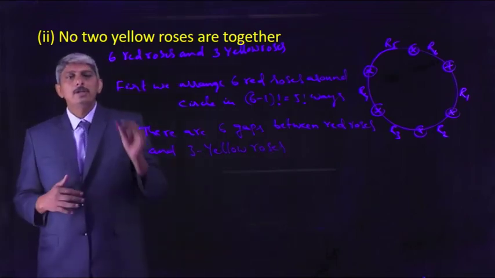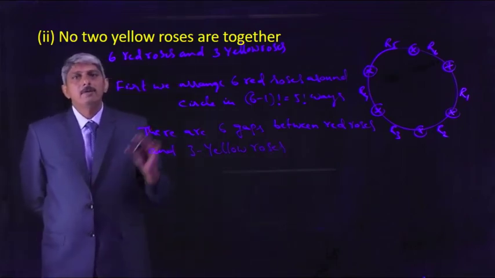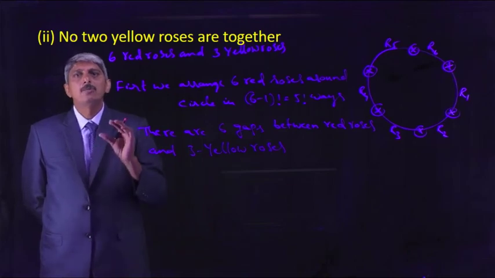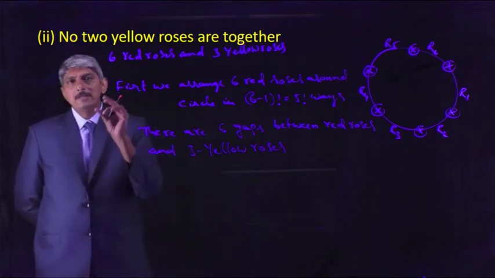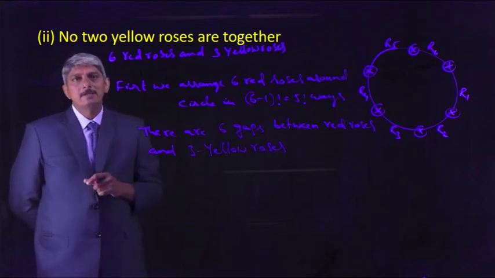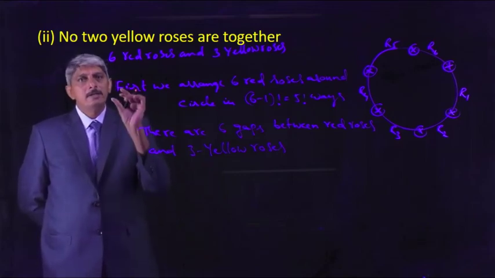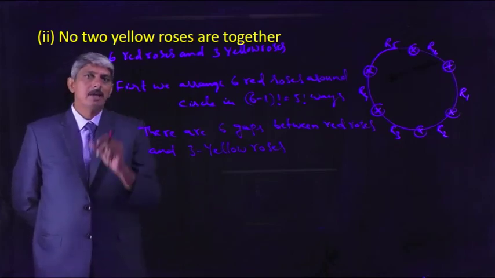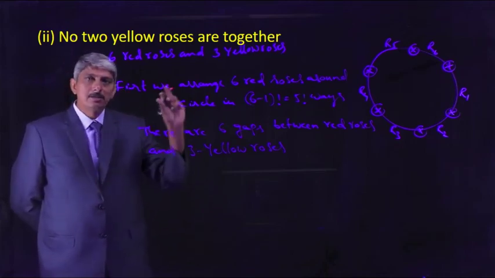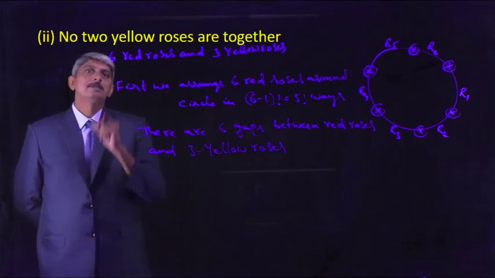Therefore, the 3 yellow roses can be filled in these 6 gaps in how many ways? 6P3 ways. But in linear arrangements, by taking 6 red roses, how many gaps are there between them? There are 7 gaps. But in the circular arrangement, we have only 6 gaps.